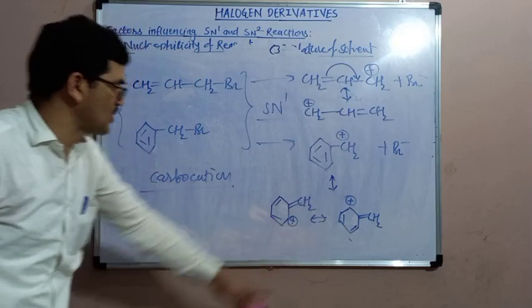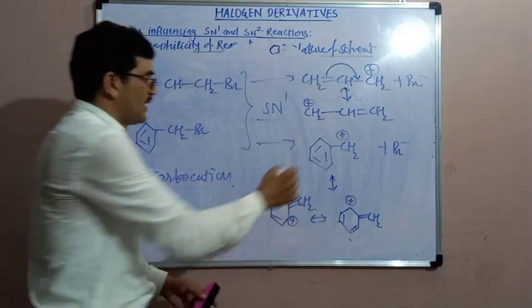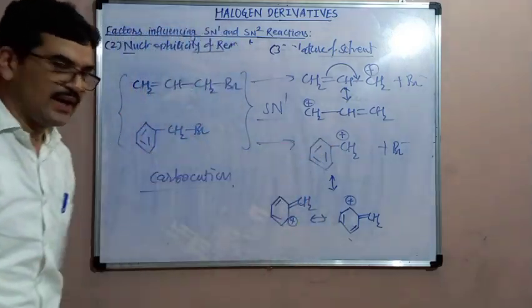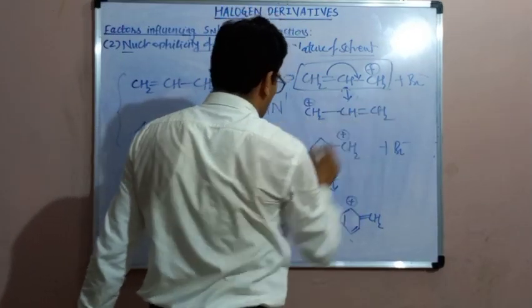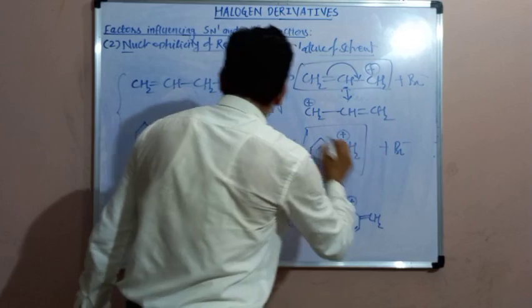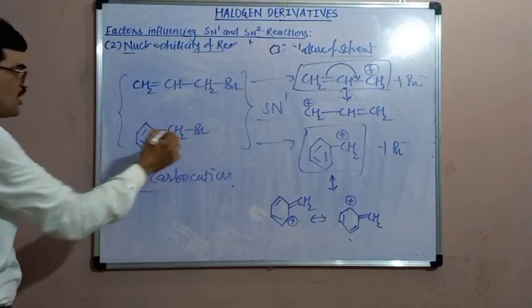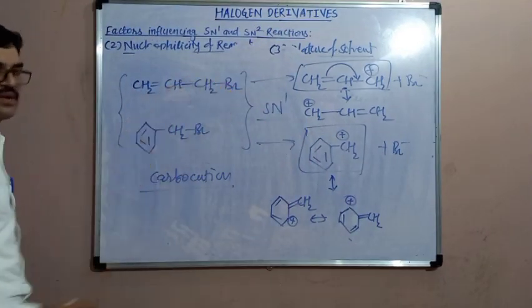So these are the resonating structures of the benzyl carbocation. Due to the resonance, the benzyl carbocation is also greatly stabilized, and because of the stabilization of the carbocations, allyl as well as benzyl, the allyl bromide and benzyl bromide are more reactive towards the SN1 reaction.